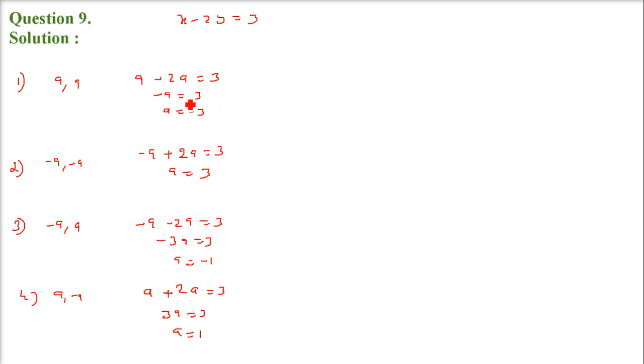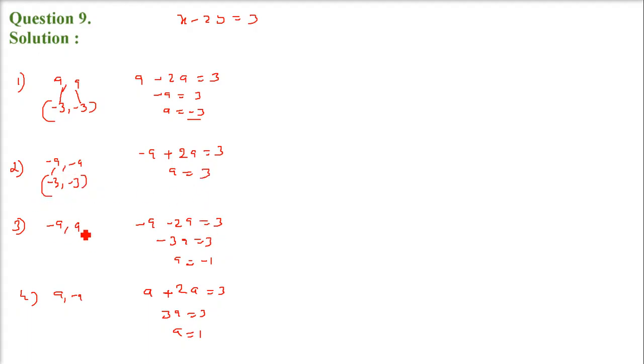Now the points become what? In the first case a is minus 3, so you have to put minus 3 and minus 3 as the center. In the second case, a we got as 3, so you have to make it minus 3 and minus 3 again.